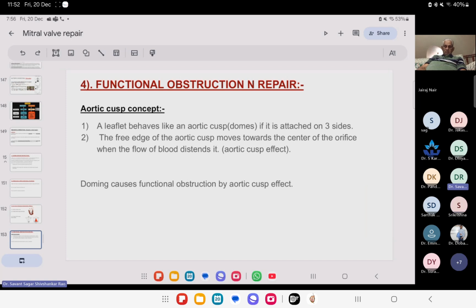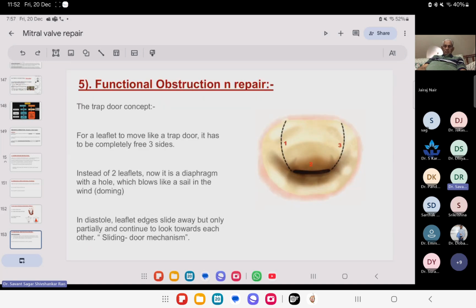A leaflet behaves like an aortic cusp when it is doming in the diastole. So if it is attached on the three sides, the free edge of the aortic cusp moves towards the center of the orifice when the flow of the blood distends it. That is the aortic cusp effect. Doming causes functional obstruction by the aortic cusp effect.